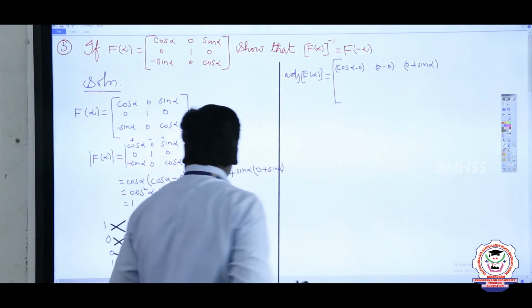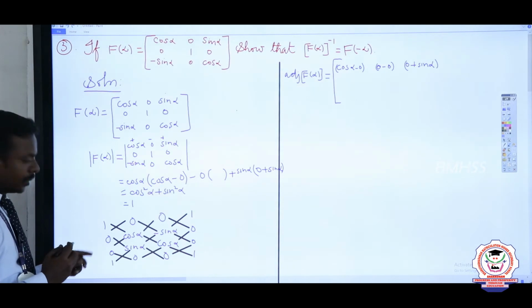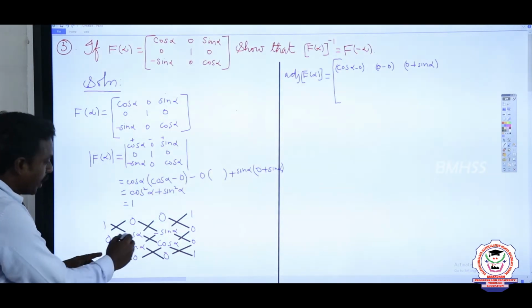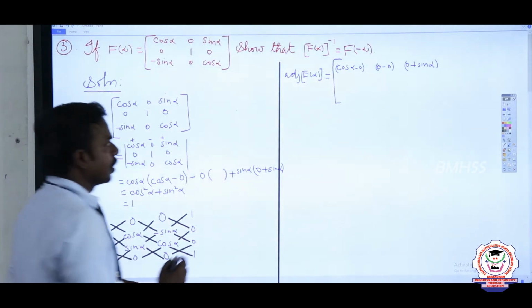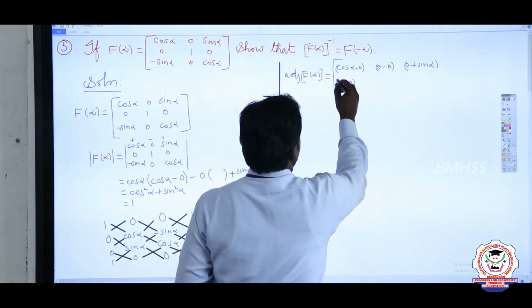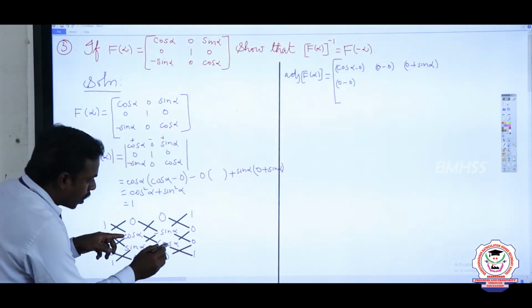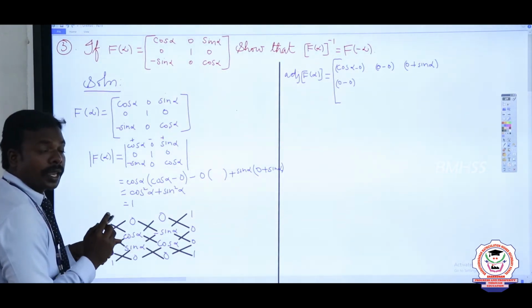From the second row, very simple again. 0 into sin is 0, 0 into cos is 0, so 0 minus 0. The second element, cos alpha into cos alpha, cos square alpha.